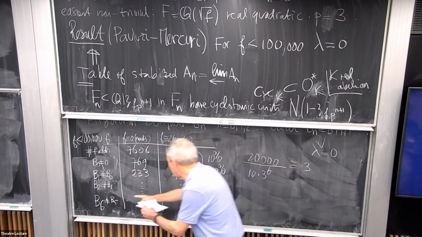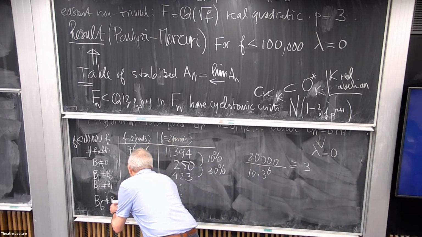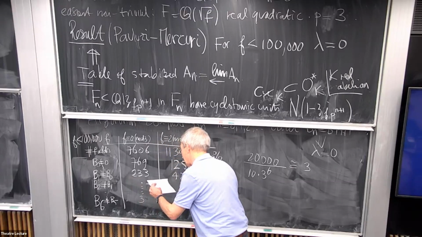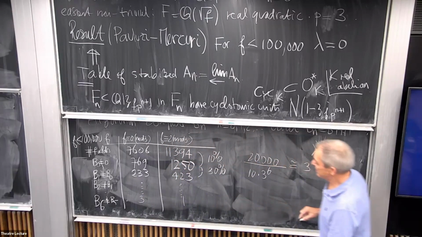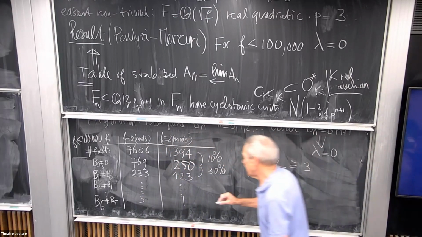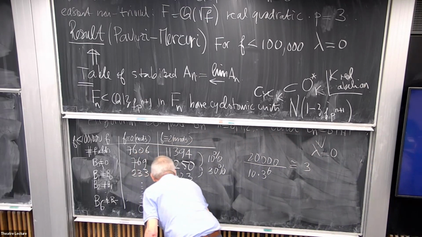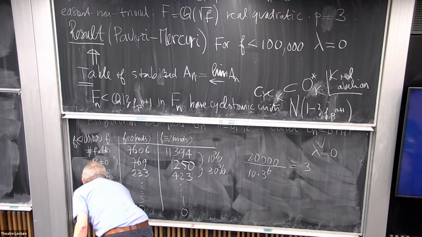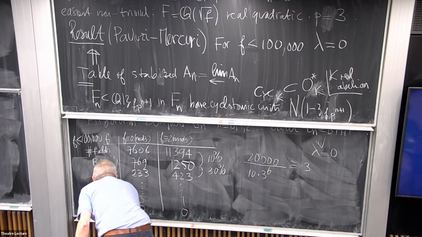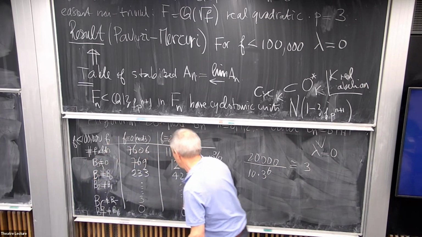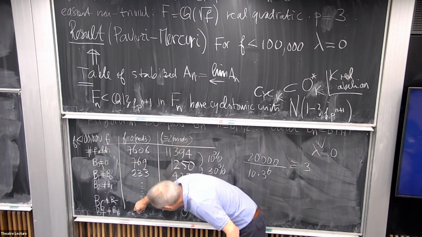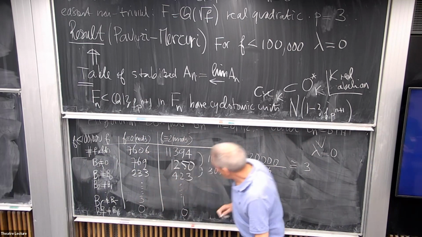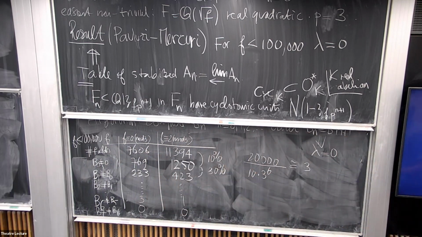In fact, at this level, I find 3 fields in this case, and I find 1 field in this case. And after that, there is nothing anymore. There is no discriminant that has a larger tower. So no more examples.